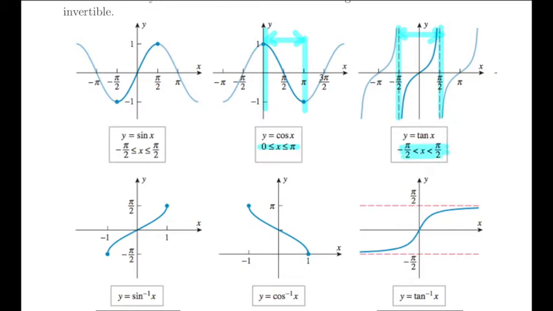Notice that we do not include -pi/2 or pi/2 because the graph never goes through those points. They're vertical asymptotes. And when you reflect this curve around the line y is equal to x, you're going to get this kind of a shape. So this is your graph of tan inverse x, also known as arctan x.